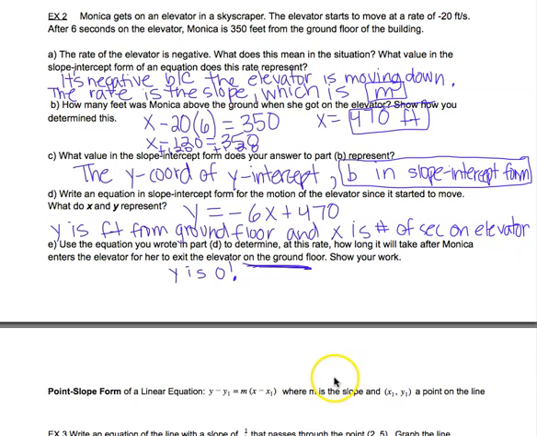So what we need to do here is plug in 0 for y and solve, because it says how long. We're solving for x. It's okay, it's a real life situation, so it's okay to use a decimal here. But go ahead and do that, plug in 0 for y, and solve for x.